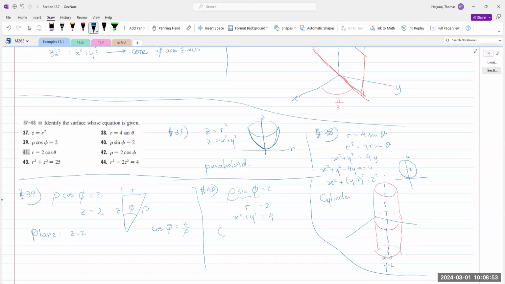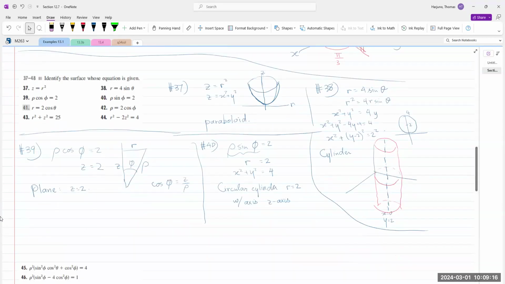This is a circular cylinder with radius 2, with axis the z axis. That's number 40.